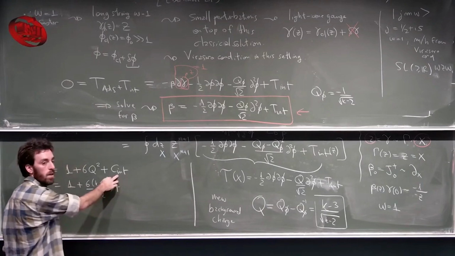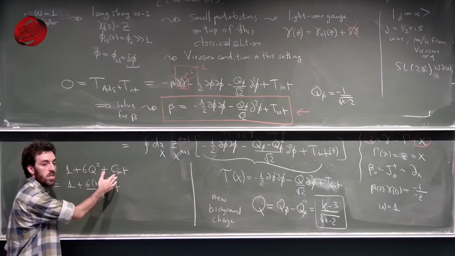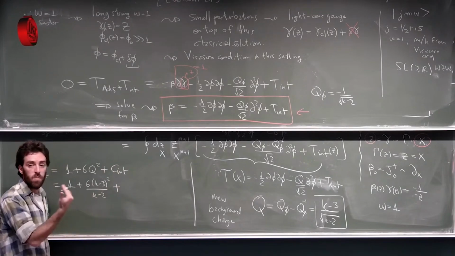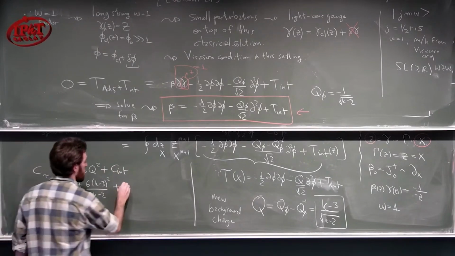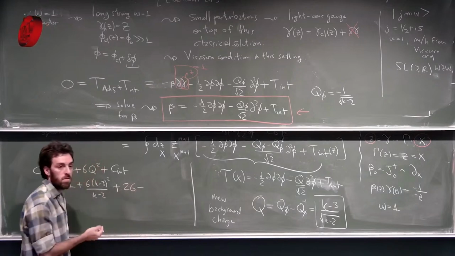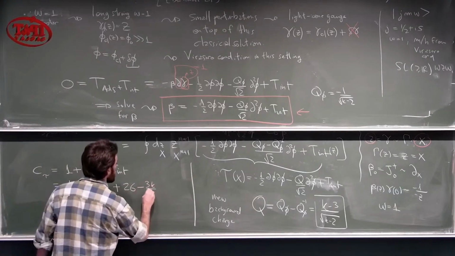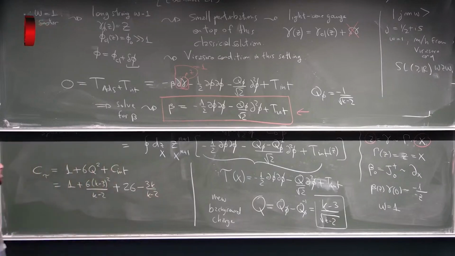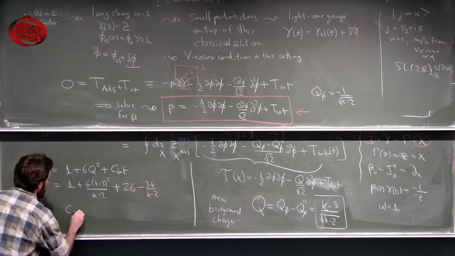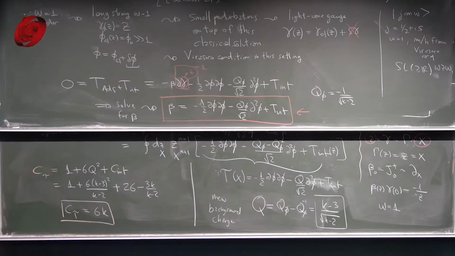And now the internal, I didn't say what the internal CFT was, but I can say what the central charge is because it's whatever it had to be to make the string theory consistent, right? So it's just 26 minus the AdS3 central charge. And lo and behold, you do the computation and you get 6k for any k.